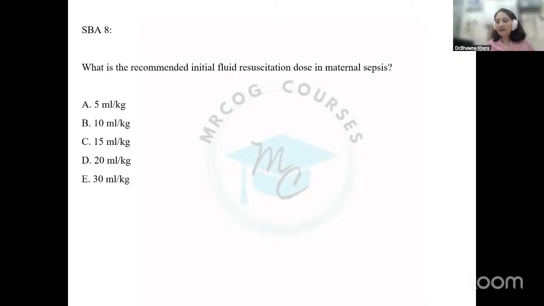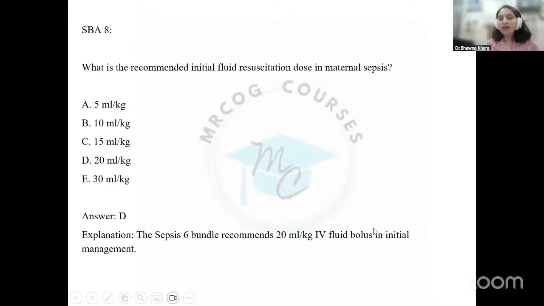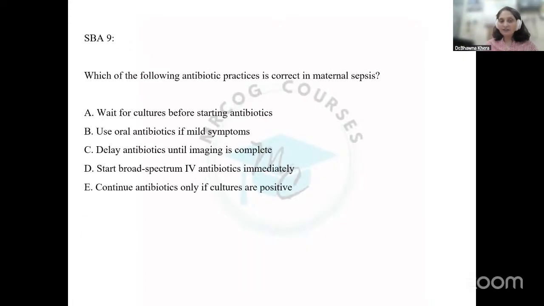Is it 5 ml, 10 ml, 15 ml, 20 ml, or 30 ml per kg? D is the correct answer. It is 20 ml per kg IV fluid, that's the correct answer.